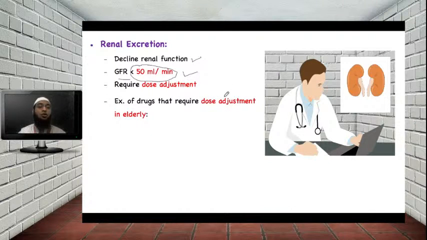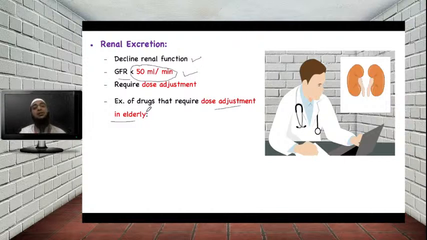Otherwise, the drug may accumulate in the body and produce toxic effects. There is a list of drugs that require dose adjustment in the elderly. You must remember as a pharmacist that if GFR is reduced, you need to reduce the dose of those drugs. You must consider this while dispensing medicine to elderly patients.